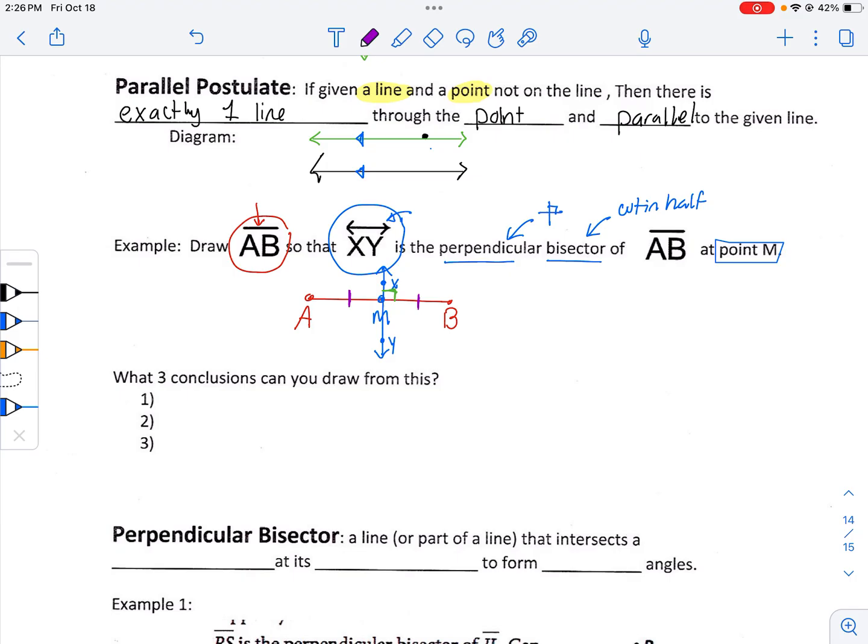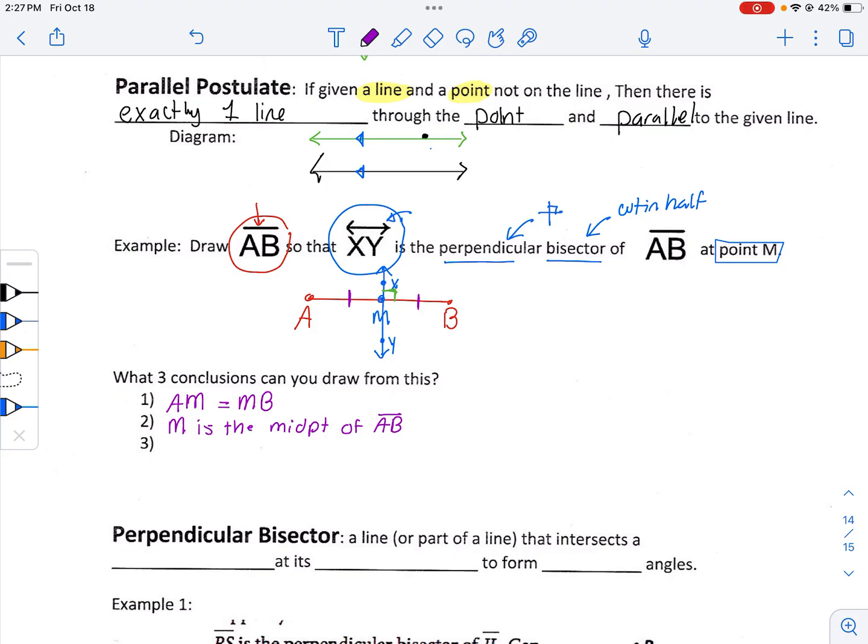Well, we kind of just stated them. Number one, we can conclude that segment AM is equal to segment MB. Because they were bisected, we can conclude that M is the midpoint of segment AB, because M is the point in the middle where they were bisected.